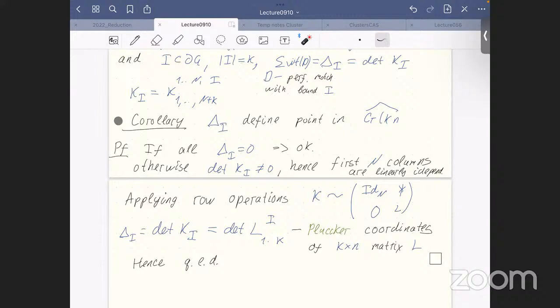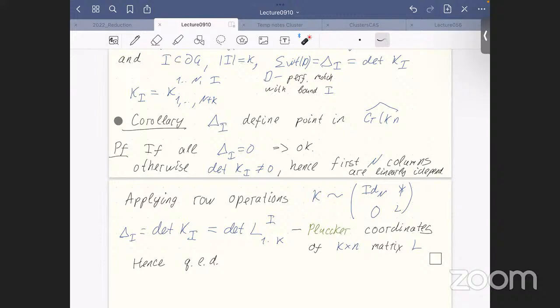Sorry, was it a question? I don't understand how it follows from the fact that determinant Ki is not 0 that we can use only row operations to find this form.